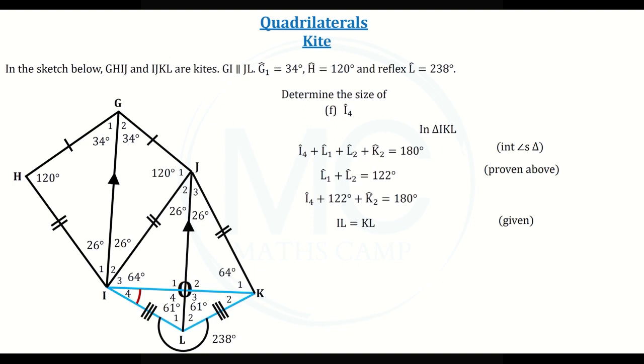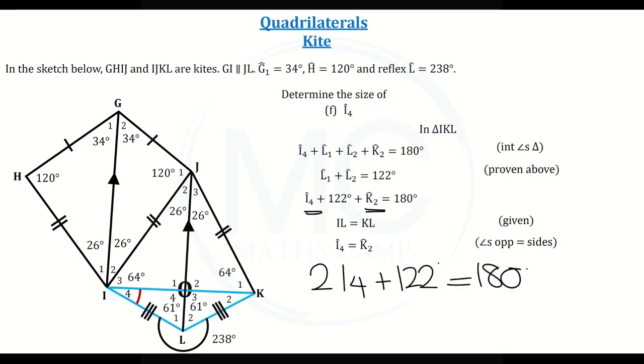If IL is equal to KL, we can see that angle I4 is equal to angle K2, because these angles lie opposite equal sides. Now we can see that I4 is equal to K2. So now we can say angle I4 plus angle I4, which gives us 2 multiplied by angle I4, plus 122 degrees is equal to 180 degrees.